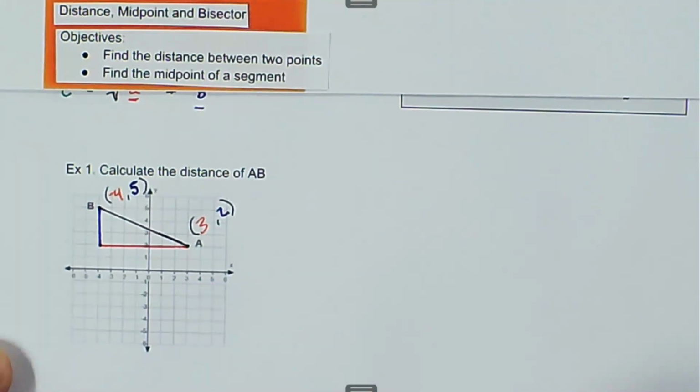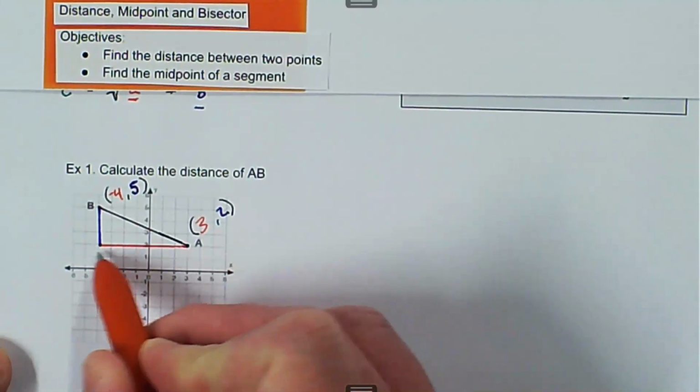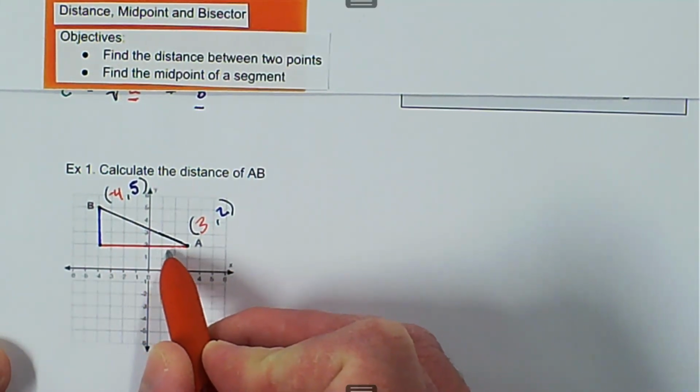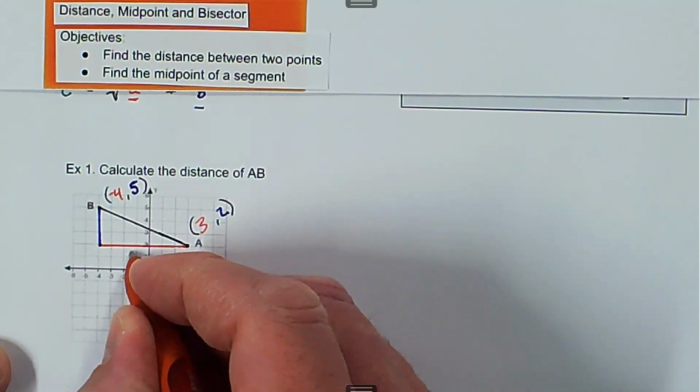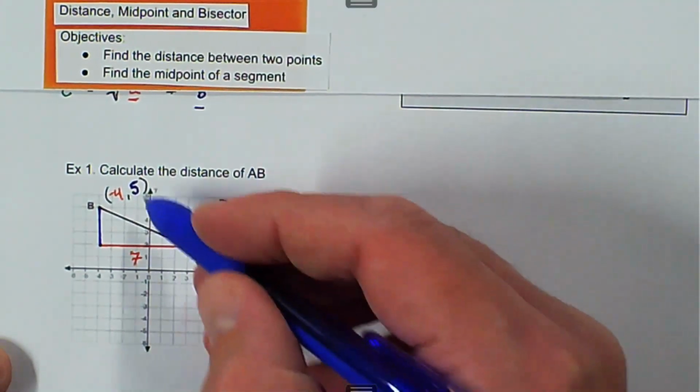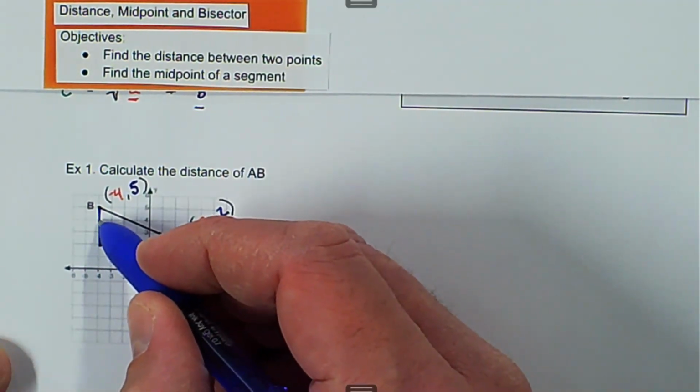Okay. Then just as a check, we're going to count these, and then we will compare the distance formula to Pythagorean theorem. So the distance horizontally along this red line here, we count 1, 2, 3, 4, 5, 6, 7. So that distance is 7. And our distance vertically, as we go from 2 to 5, is 3. 1, 2, 3.